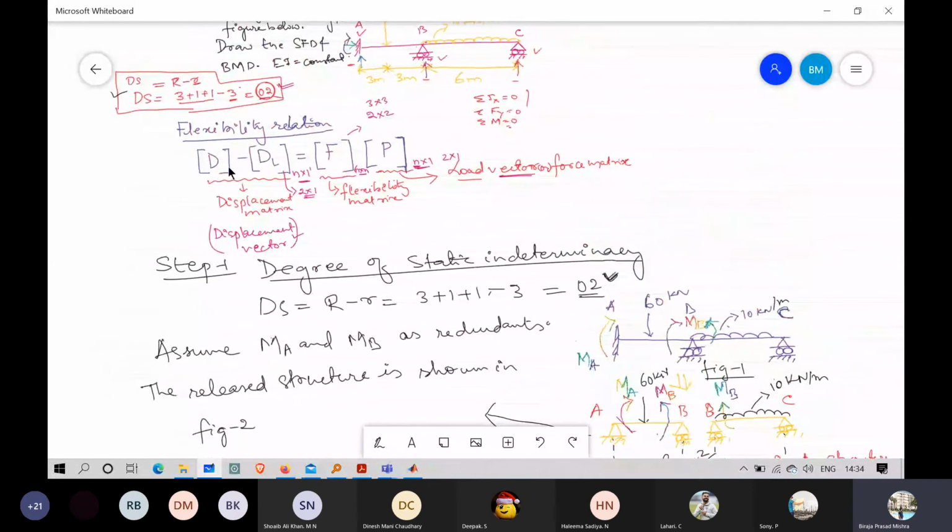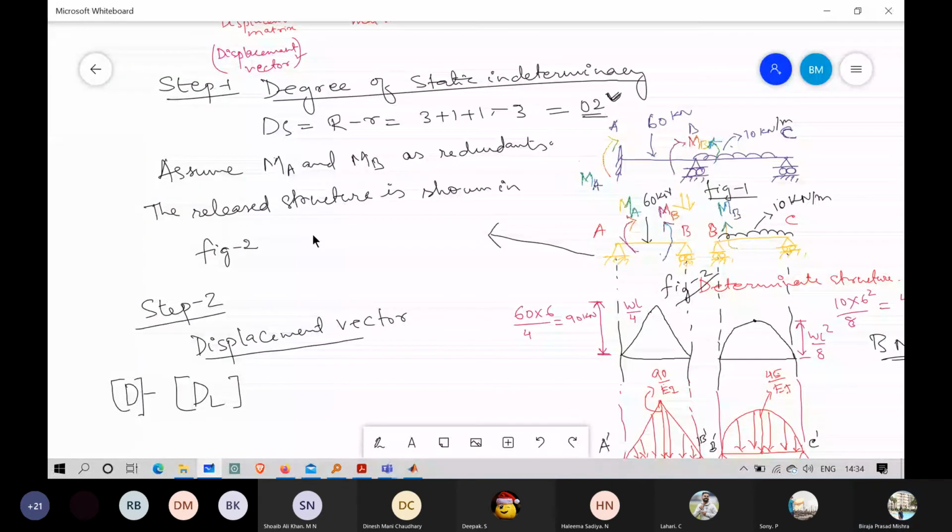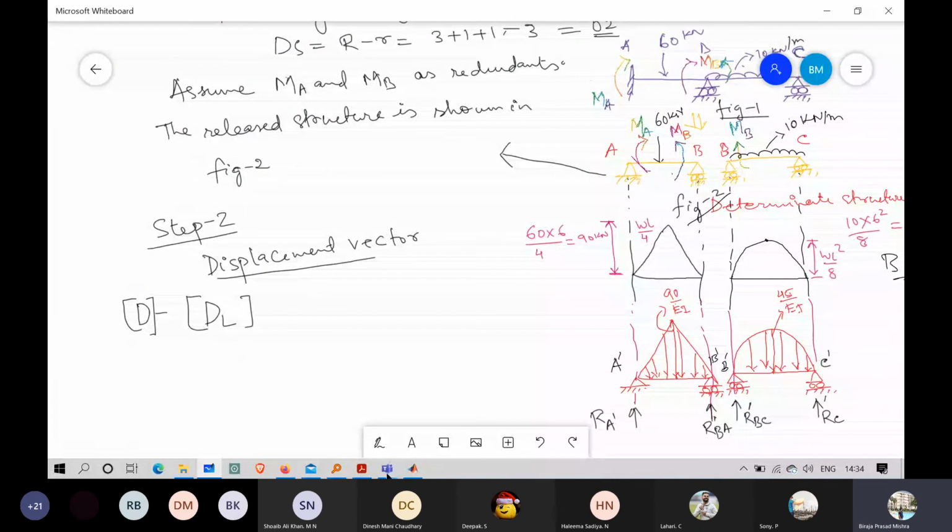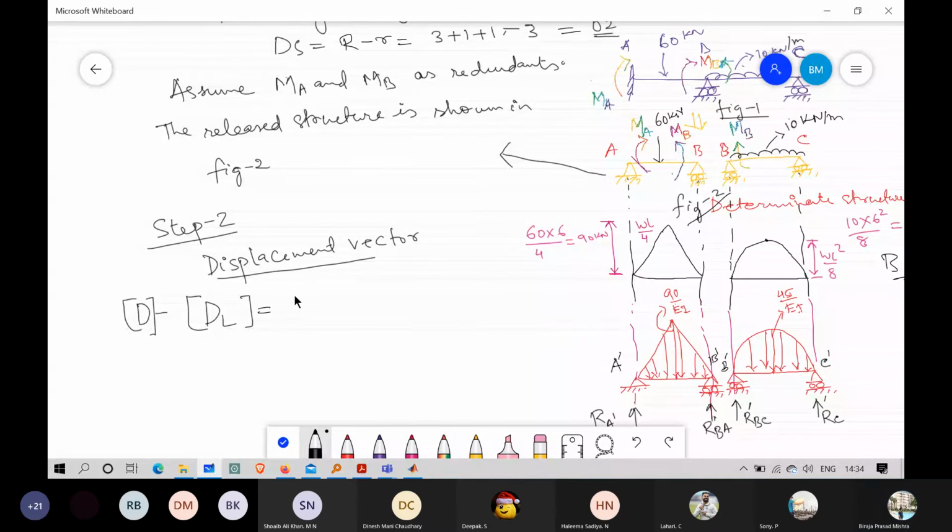If it is d minus dl, then one will be d1l and another will be d2l. If we had a degree of static indeterminacy of 3, we would have got another one, d3l.